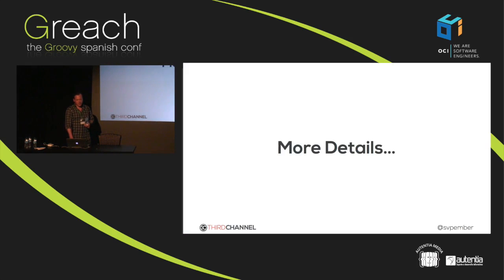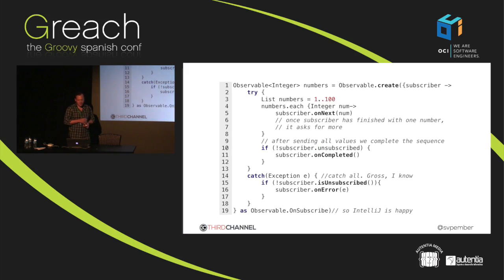So with these terms out of the way, let's explore more about working with streams. If you were to build your own observable, here's a very, very rough outline of what it might look like. Note that we start out with a list of numbers, and we're doing some work on them. And while we're doing that work, we call one of three functions on our available subscribers: onNext, onCompleted, and onError.